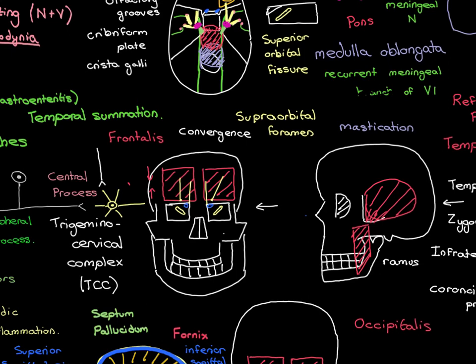So the divisions generally stay with one another. When you're looking at second order neurons that are being synapsed onto by, let's say, a primary nociceptive afferent that's coming in through the ophthalmic division of the trigeminal nerve, generally the other primary nociceptive afferents that are synapsing onto that one as well will also be coming in through the ophthalmic division of the trigeminal nerve rather than a different division of the trigeminal nerve.